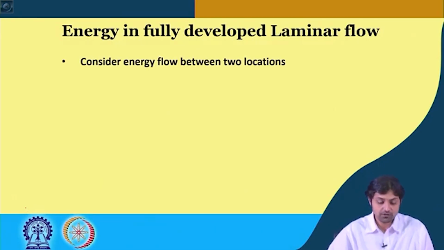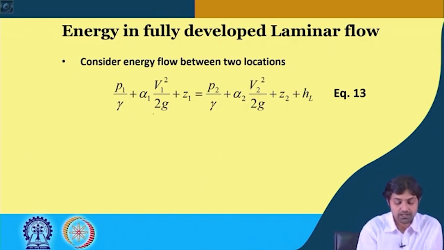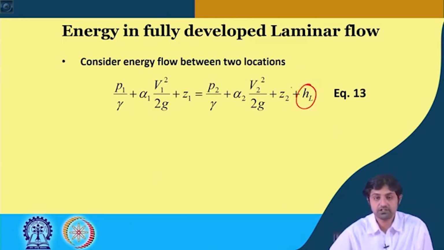So, consider the flow between two locations. If we consider flow between two locations, we can write Bernoulli's equation. So, the pressure head, the velocity head and the datum head are equal, plus the energy loss on the other side, if there is an energy loss in terms of head loss HL.